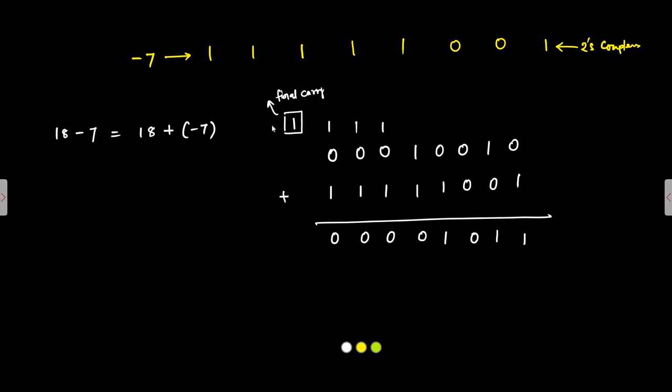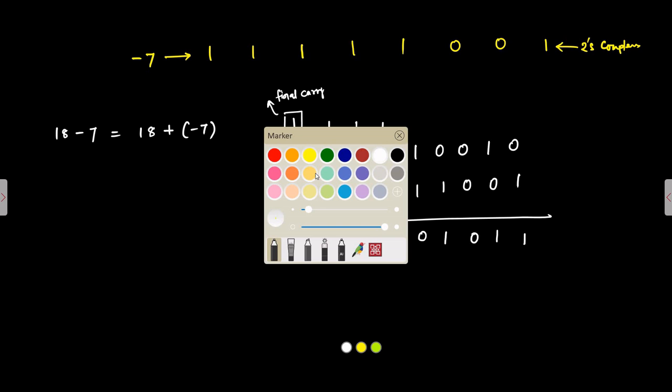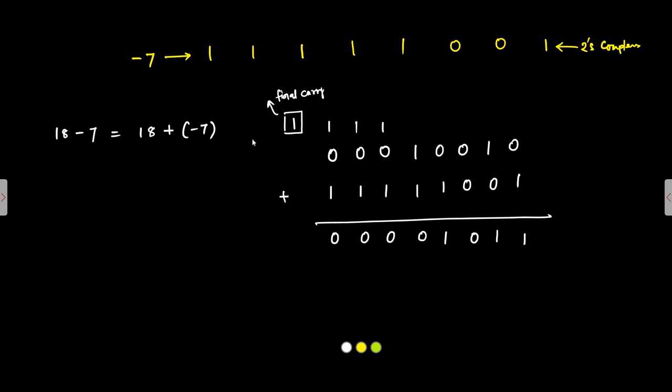If you remember, in 1's complement we take this final carry and add it to the LSB of the result to get the final binary equivalent form. But in 2's complement, this final carry is discarded, or we can say ignored. It is not added to the LSB, and this is the final result.